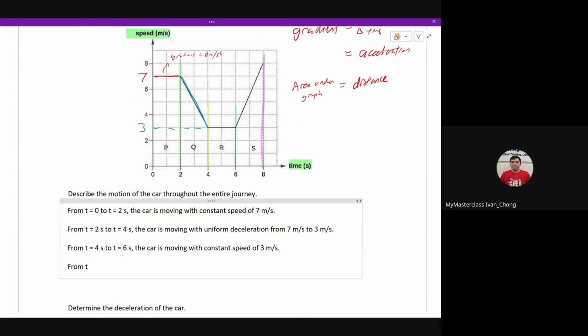Same thing, last but not least, you have 6 to 8 seconds, right? The car is now, because if you notice the speed of the car is actually from 3 to 8, right? So you actually say uniform acceleration because I'm speeding up from 3 meters per second to 8 meters per second.